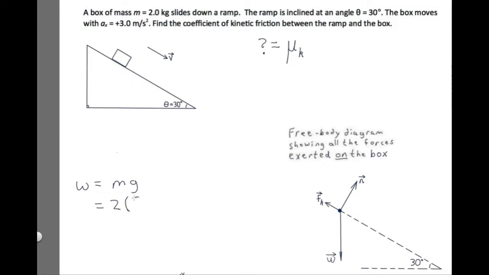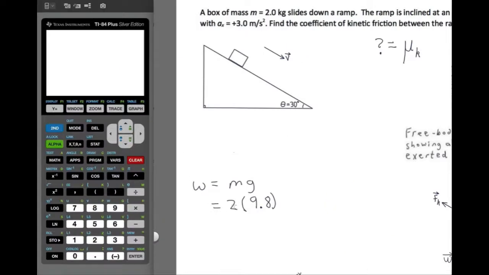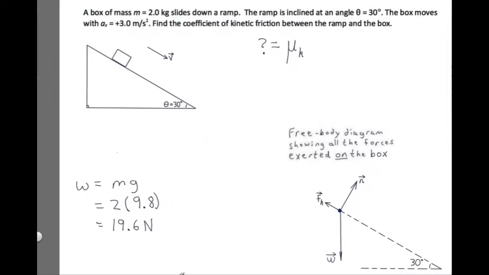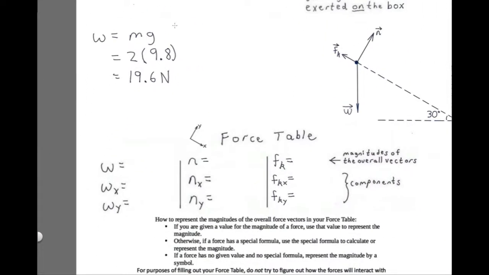For little g, we're going to plug in 9.8. We calculate 2 times 9.8. That tells us that the weight is 19.6 newtons. We put that into our force table.